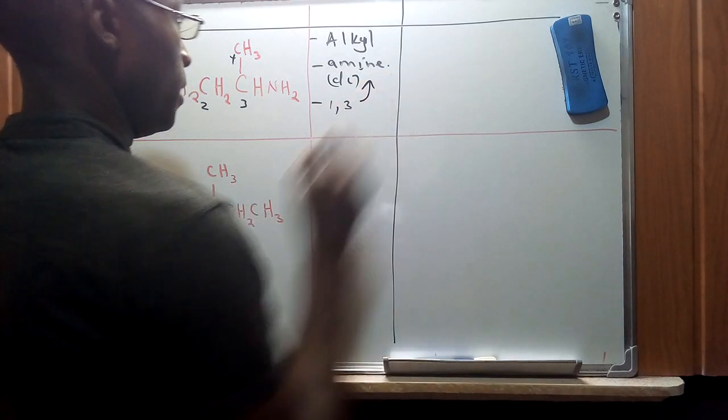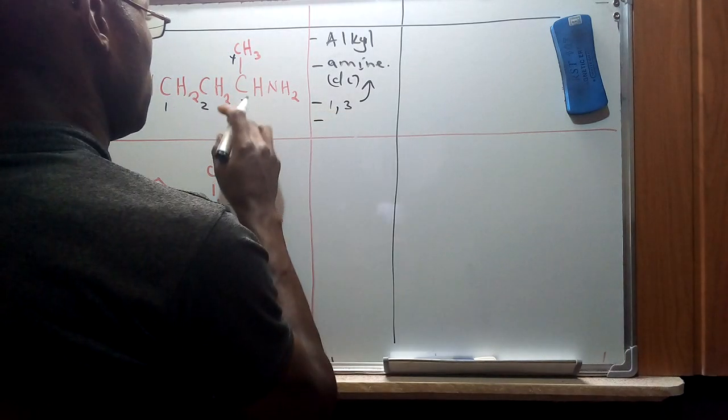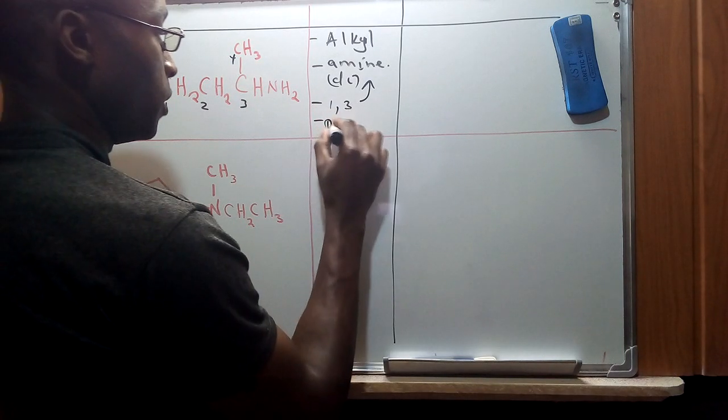Next we can go ahead and try to name it. For these 4 carbons, we have butane from the alkane series.